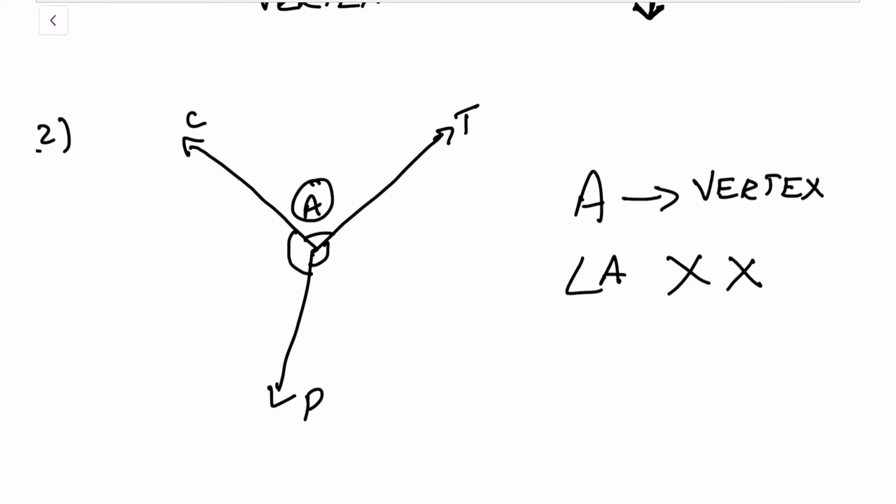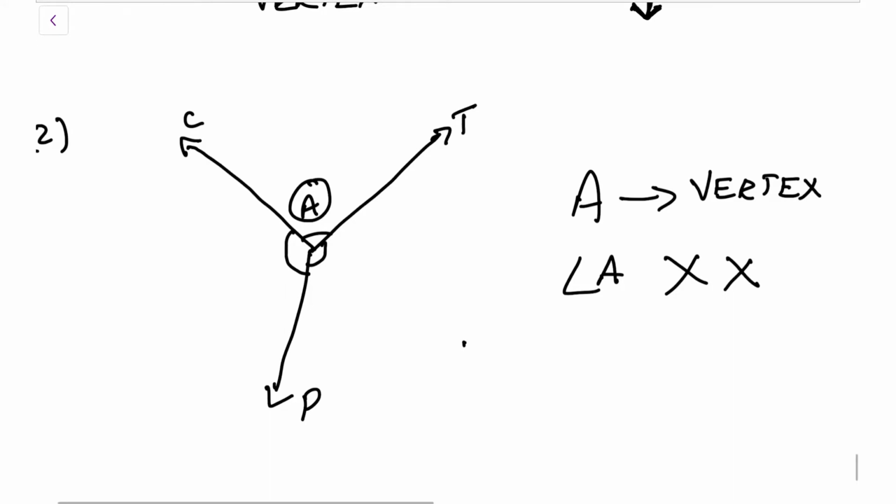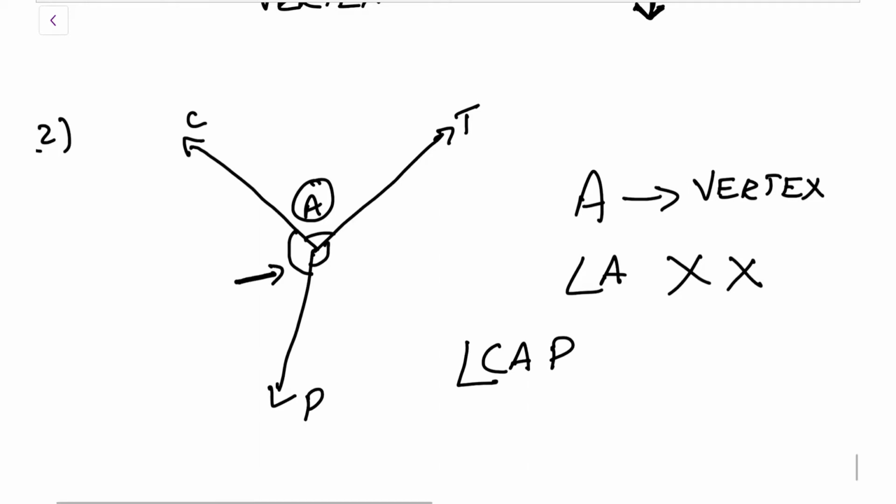So let's see how we name the 3 angles. The first angle is angle CAP. You can see this is the angle formed between ray AC and ray AP.